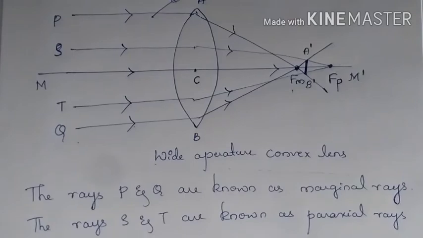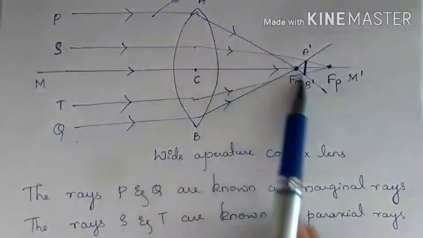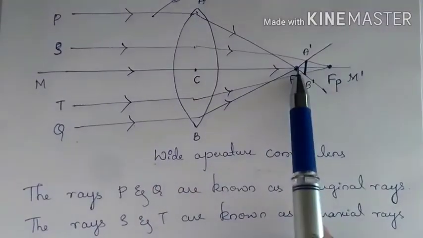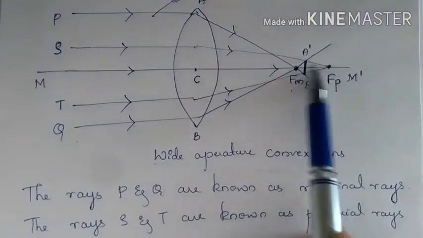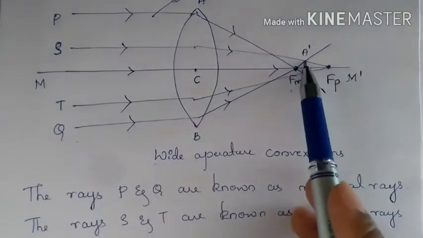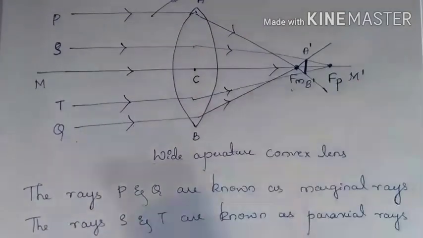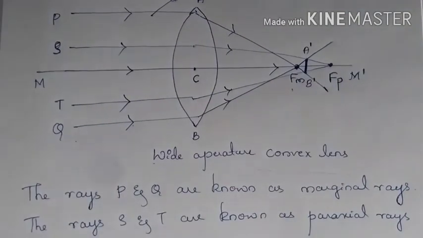To know where the sharp, or at least highly focused, image will be formed, we have extended this ray and this ray. When we extend, this ray meets the S ray and this ray meets the T ray. At this intersection we can find the best focused image, which we have named A prime, B prime.